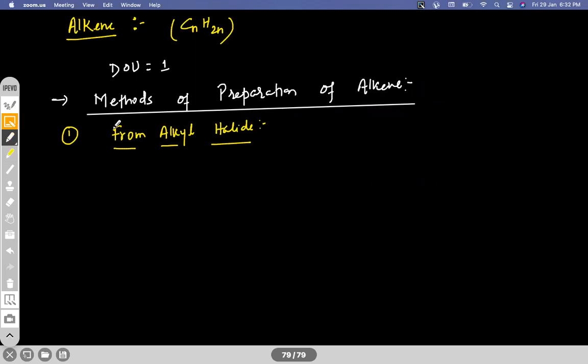What happens in this? Suppose you have an alkyl halide, RCH2CH2X, like this.